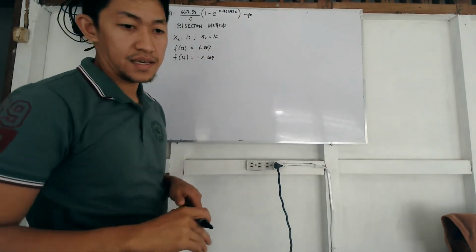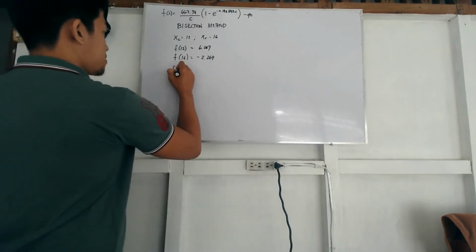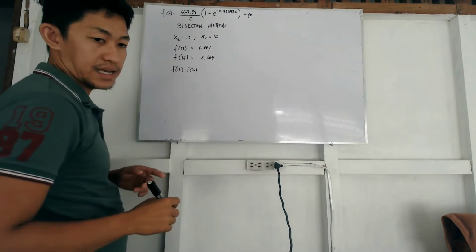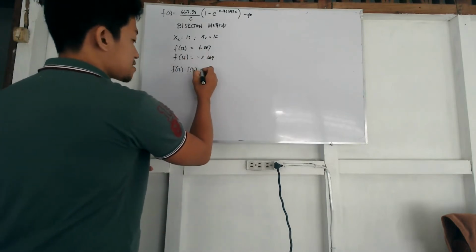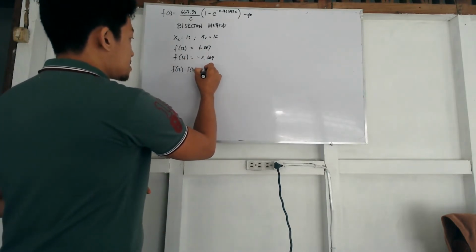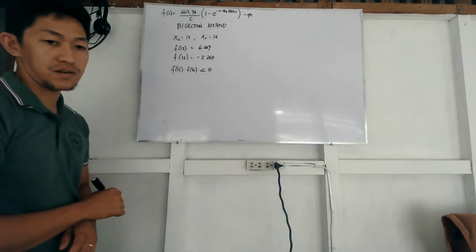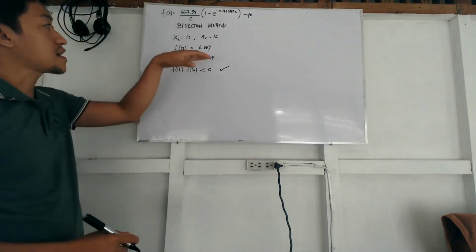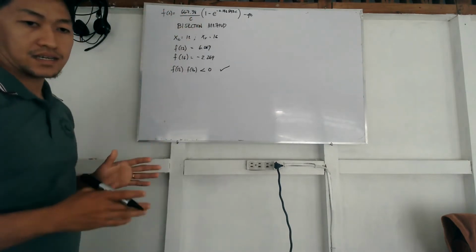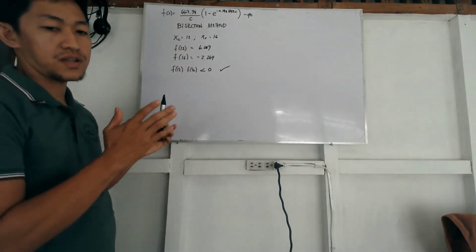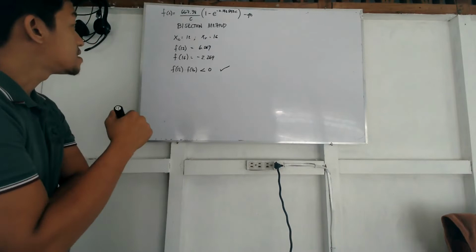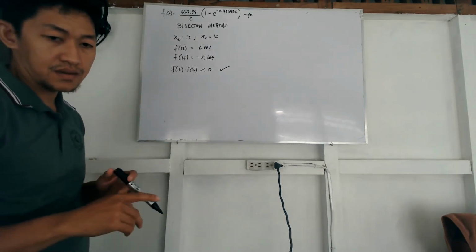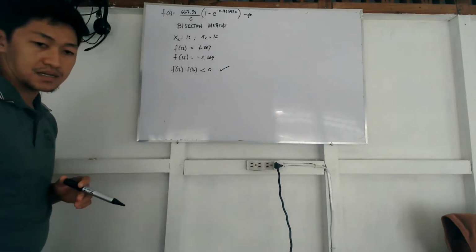Now if we multiply f of 12 times f of 16, the answer is positive times negative, so negative, less than 0. Therefore it satisfies the condition for the interval, so proceed to the next step, step 2.